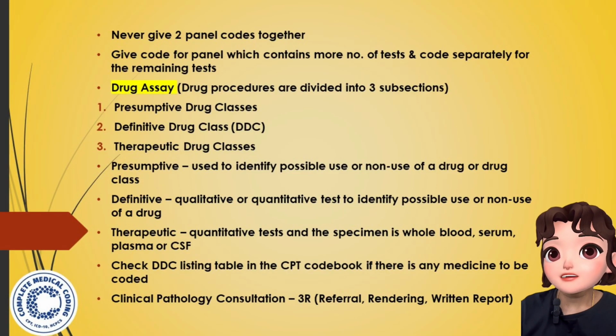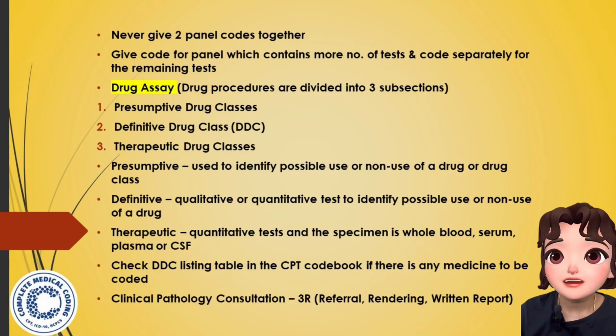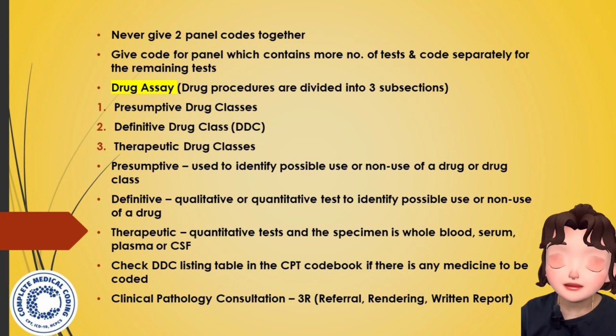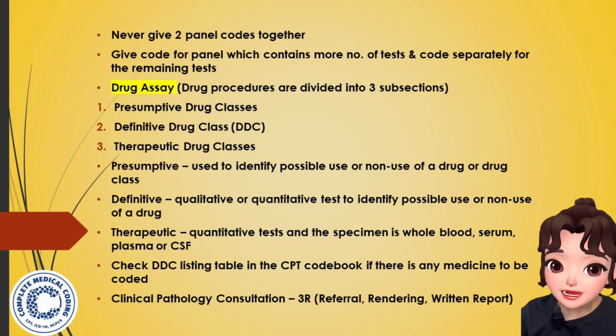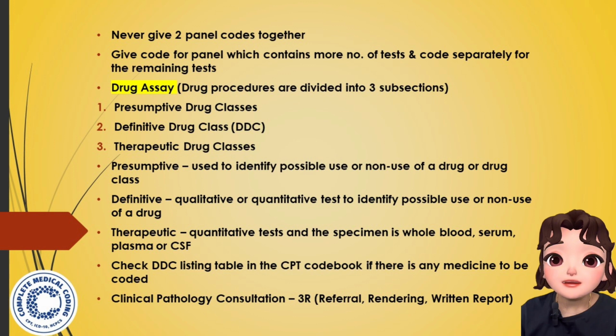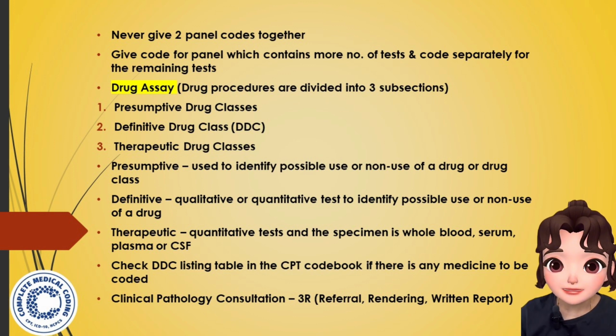First, let's look into few guidelines about the panel codes. How will you code a panel? For example, renal panel, liver panel, hepatic function, metabolic panel, electrolyte. Like that, there are so many panels. How will you code panels together?